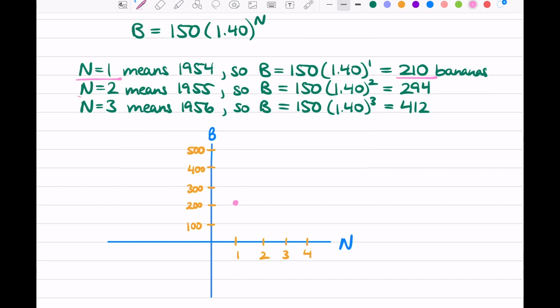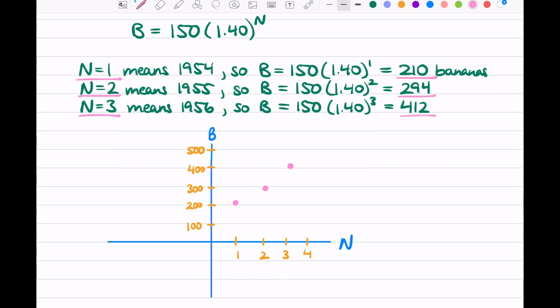Similarly, when n equals 2, we have 294. So on our chart, we go to n equals 2 and plot 294. And finally, n equals 3, we have 412 bananas. So n equals 3 and 412 bananas. You might notice that our points are slightly curving up, as they should with exponential growth.